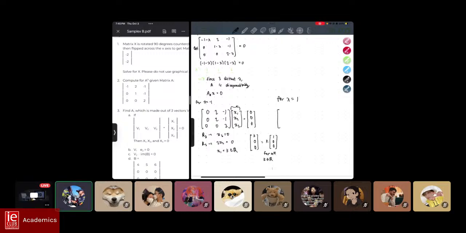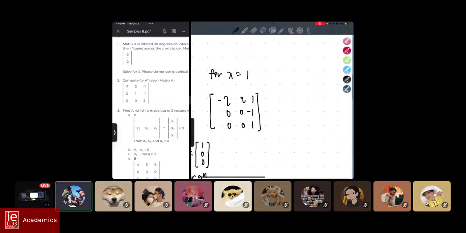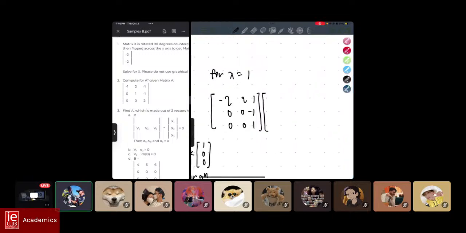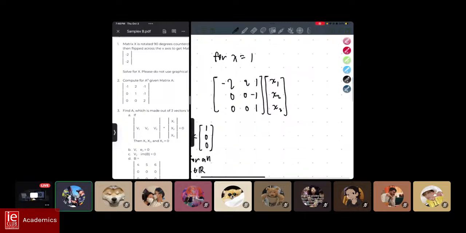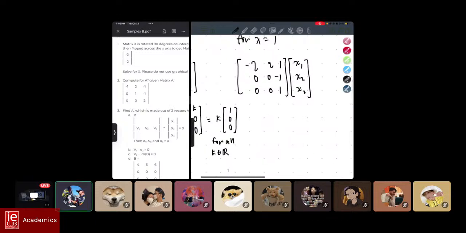This is negative 2, 2, 1, 0, 0, negative 1, 0, 0, 1. If I ever made a mistake in the arithmetic, just please call me out. I had to cram this a bit too, but yeah, whatever.